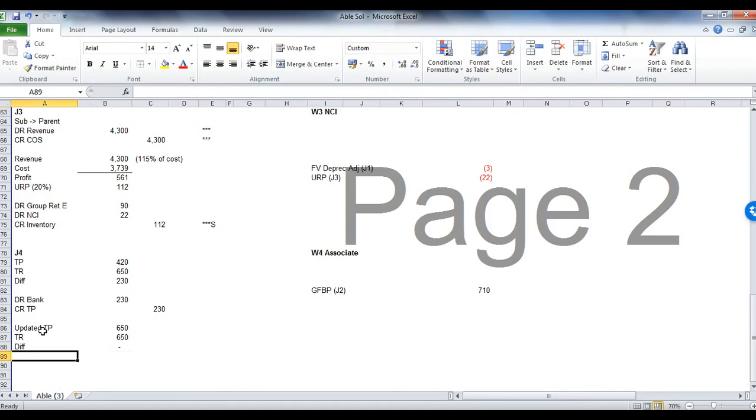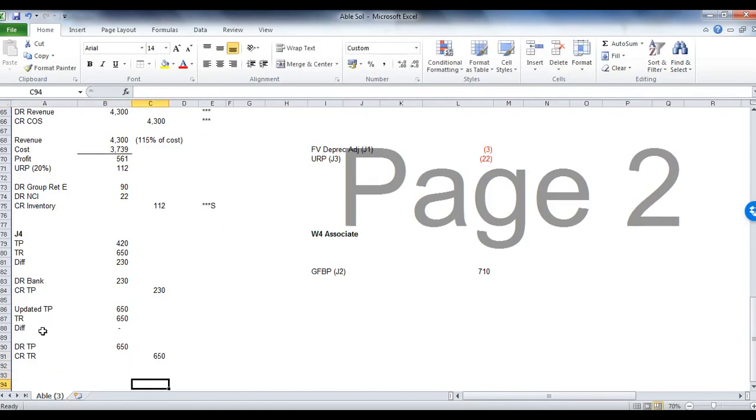So it's nil. And the final one where a lot of students forget is you need to debit trade payables, credit trade receivables to eliminate them. So students a lot of the time will do this adjustment for the cash in transit, but they don't actually go on and then eliminate them out. So don't forget you have 4 adjustments now to make to your statement of financial position.